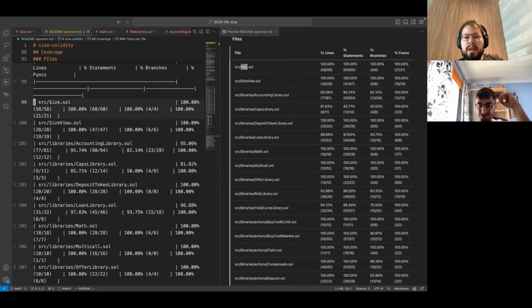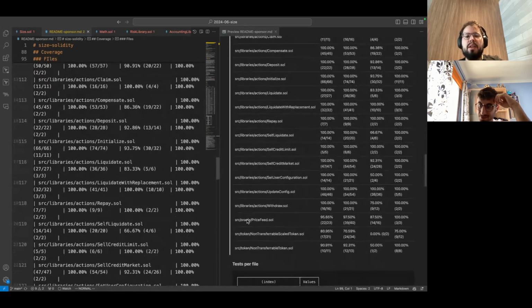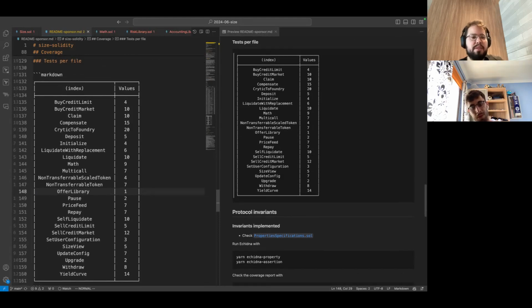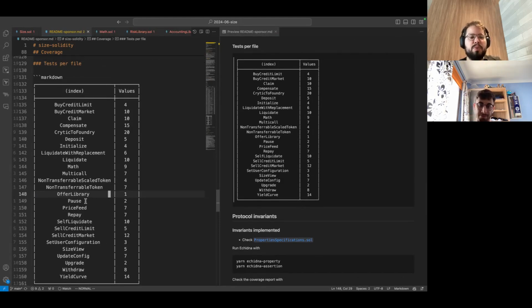So for example, here on Size.sol, there's 100%. So okay, you are testing everything. But then in reality, some scenarios are much less tested than others, and that's part of the development process. Like for example, we have only 5 tests for deposit, and we have 10 tests for market orders for the lender.